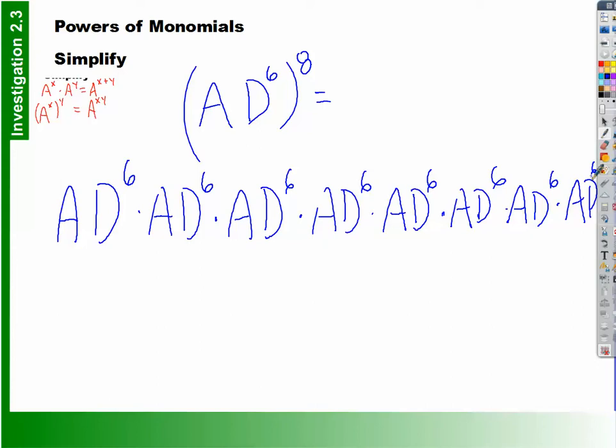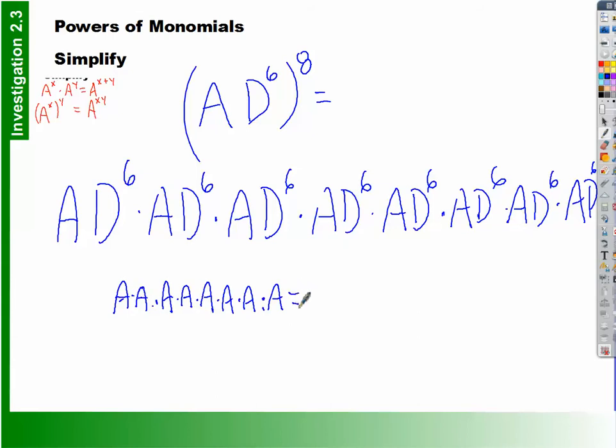Because of the commutative property, we can switch the order of our multiplication, right? So we can take all of the a's and multiply them first together. We can take all of the d's and multiply them together. So how many a's do I have? 8.